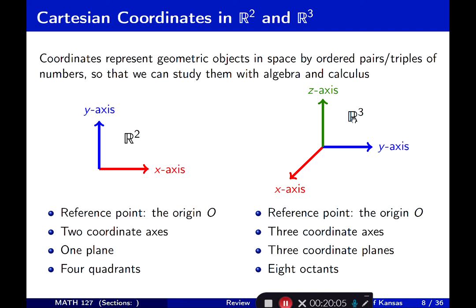When you talk about R3, you have an x-axis, y-axis, and z-axis. The reference point here is O, or origin, which is (0, 0). It has 2 coordinate axes, 1 plane, and 4 quadrants. In R3, the reference point is O, which is (0, 0, 0), and it has 3 coordinate axes, 3 coordinate planes, and 8 octants.